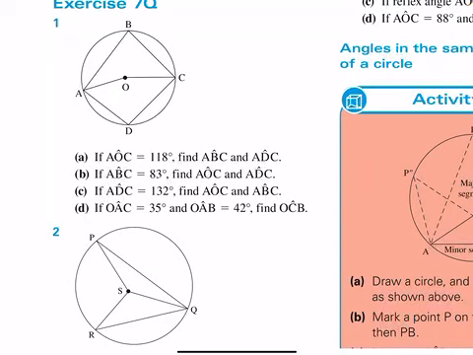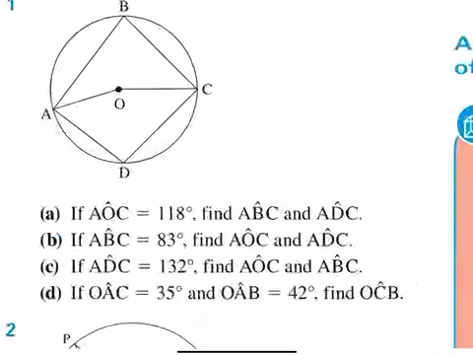And then the next one, ADC. So which angle do I want? This. How do I get to this angle? That's the question. How can I get to the angle of D?